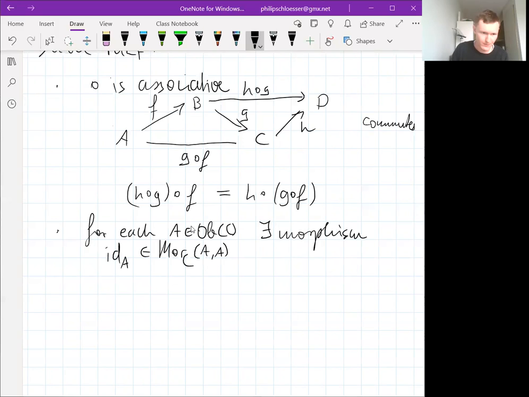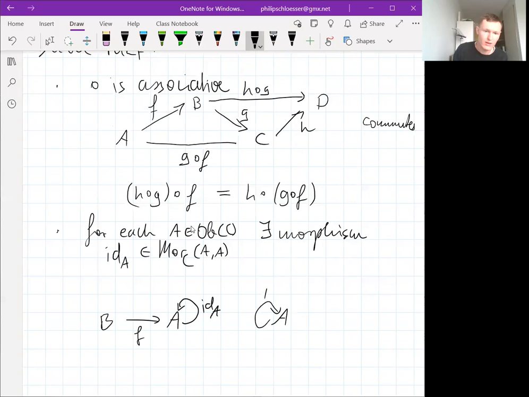So in the diagram, we could say if we have another morphism from B to A, and we do the identity of A, we execute that one after our morphism. That should just be the same as the morphism itself.